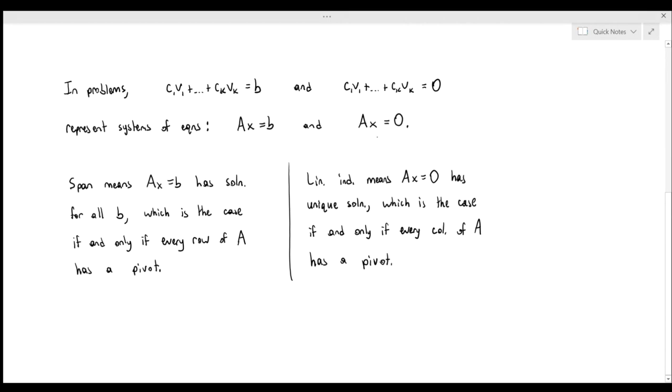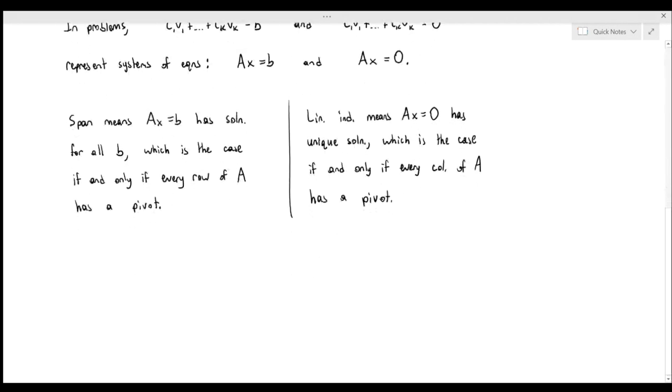And when we're looking at this equation, AX equals 0, for independence, we need this equation to have a unique solution. And a unique solution will happen if and only if every column of A has a pivot. And these are the things I talked about in my last video.